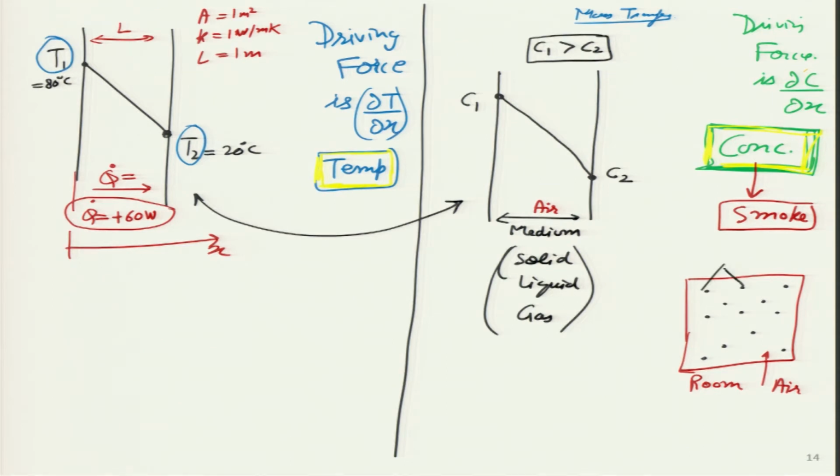I will write over here, these are smoke particles, okay, and wherever there is white portion, that is air, this is air, all the white portion over here is filled with air. So, in my room there are two species inside this particular room, species number 1 is air, species number 2 is smoke.